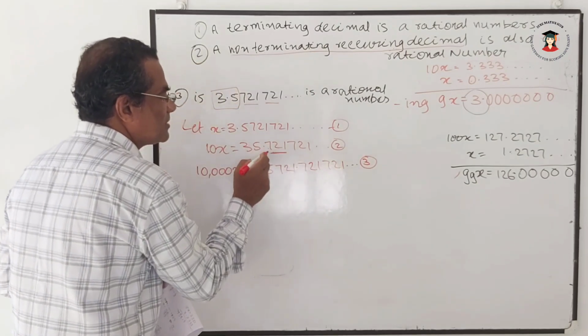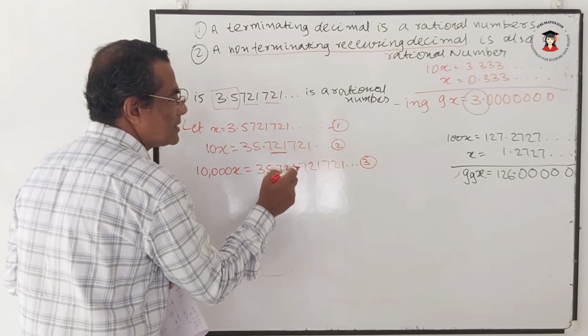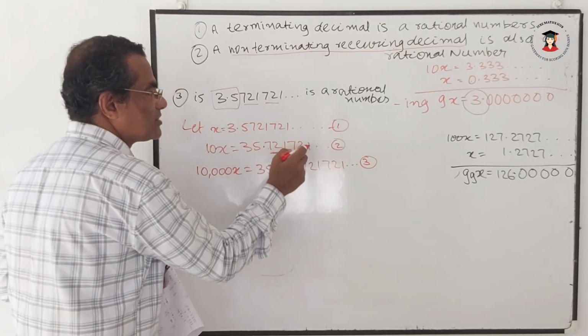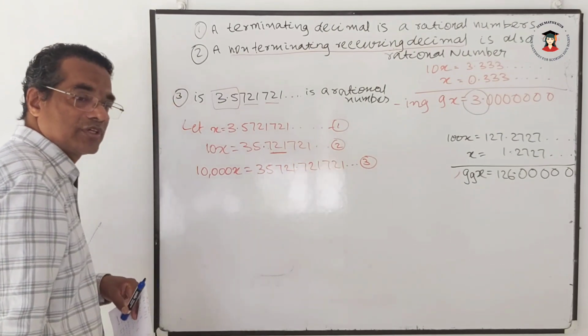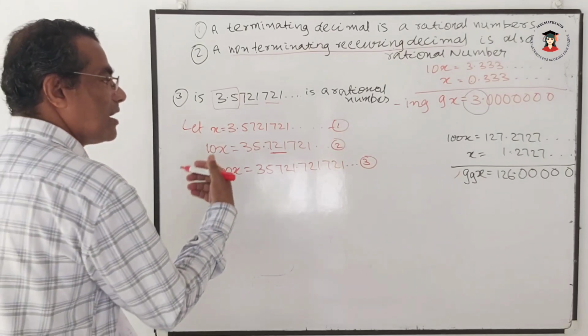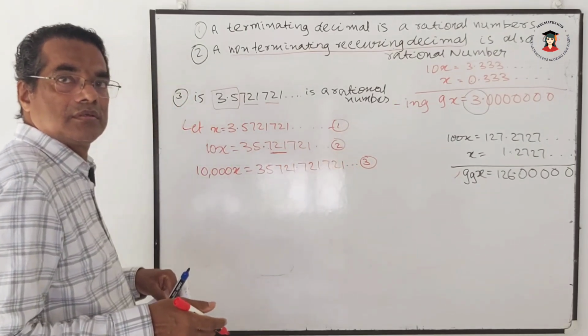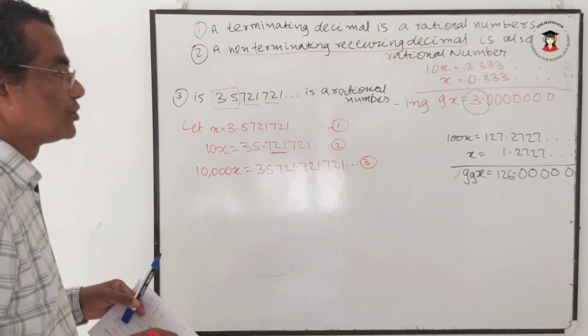These two equations, see, after decimal, the digits are same. 721, 721, here again 721, 721. And if I make a subtraction, then I will get after decimal, all digits are zeros.